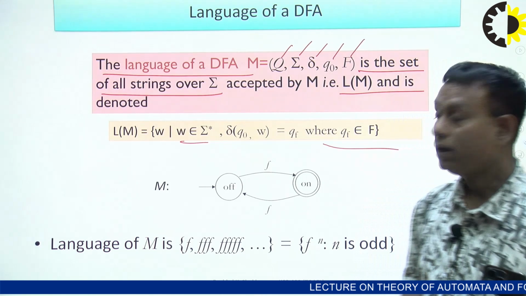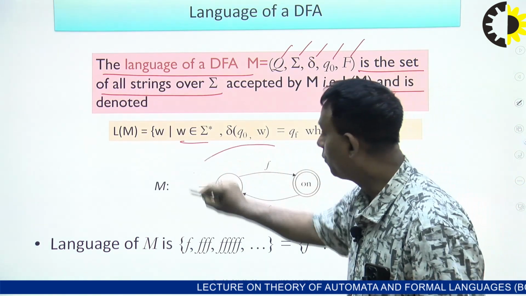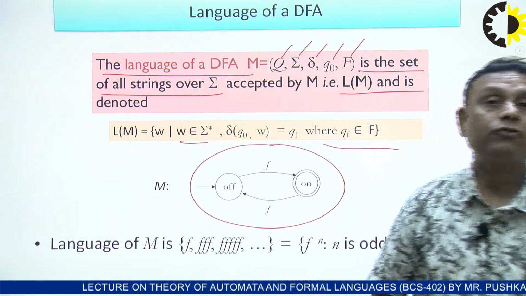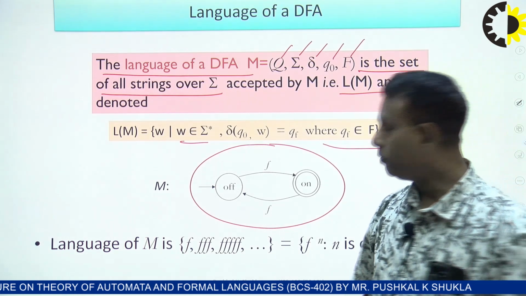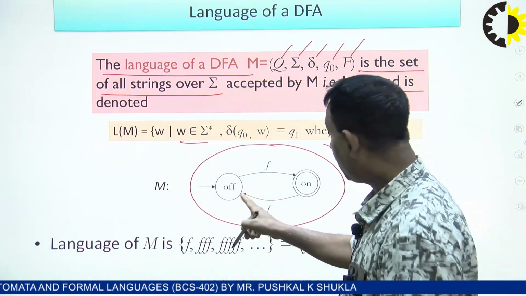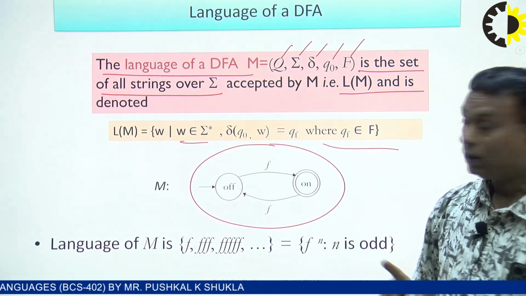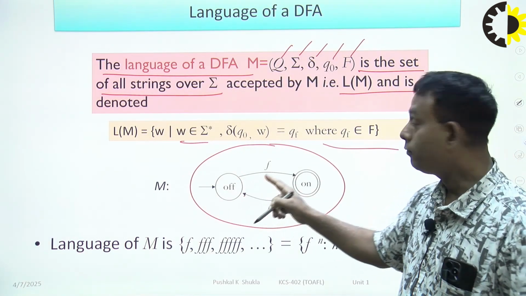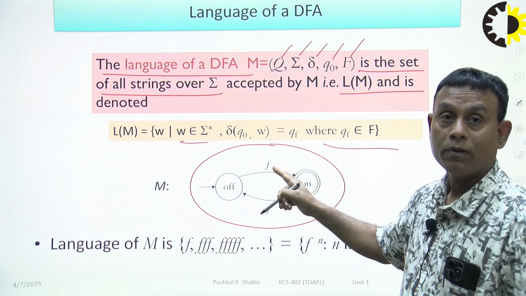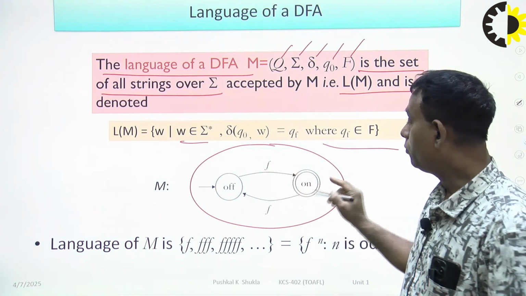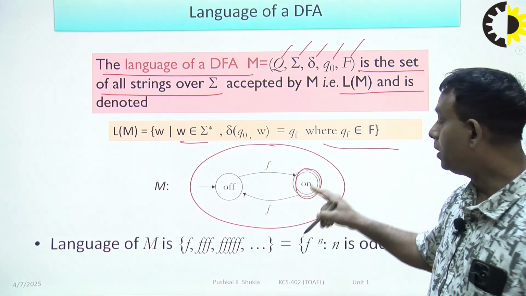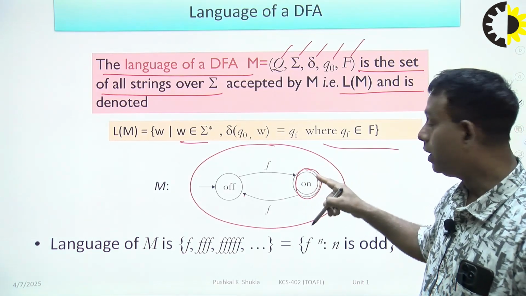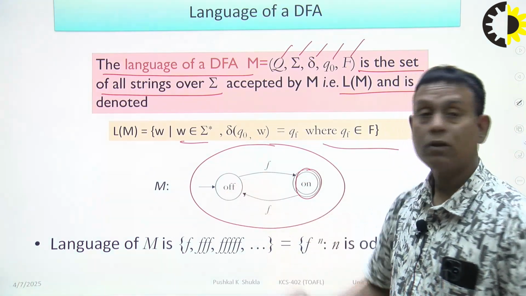Just for example, consider an electric switch. There are two states, off and on. In the off state, if we flip the switch, it goes to the on state, and similarly in the on state, if we flip the switch, it goes to the off state.